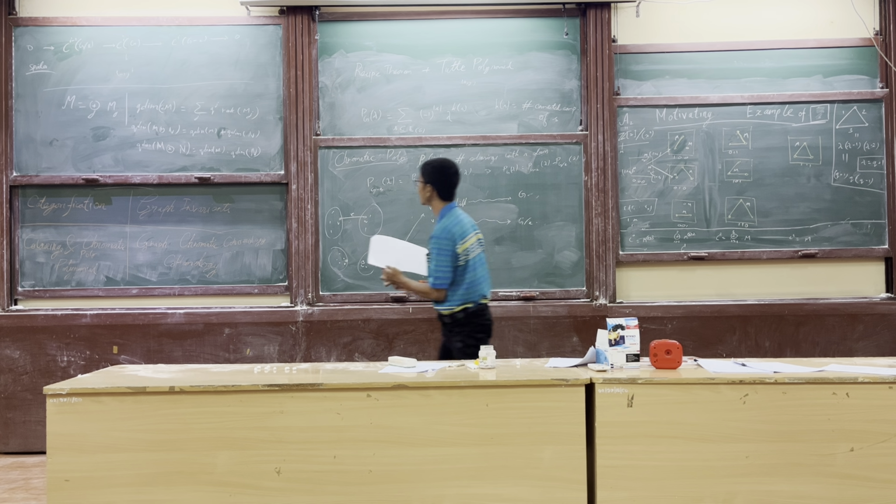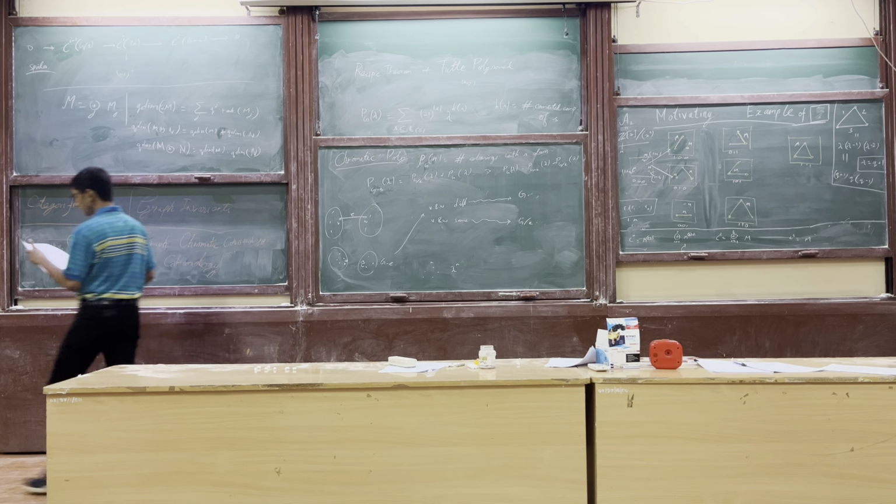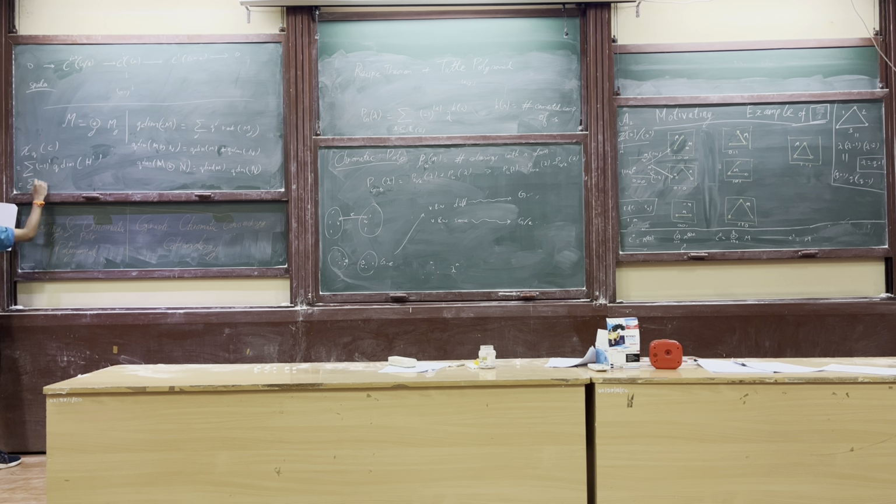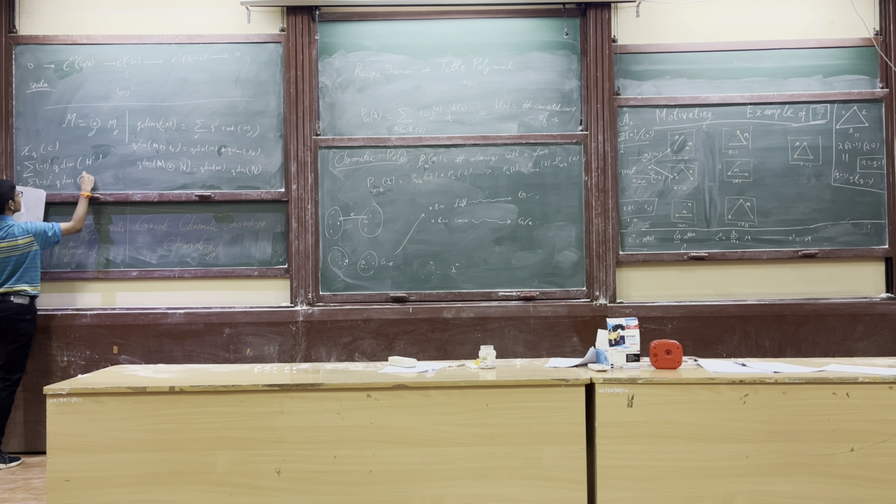And let's say something about the graded Euler characteristic. This is of some chain sequence: the sum of minus 1 power i times the q dimension of C_i should be the same as the sum of minus 1 power i times the q dimension of H_i.